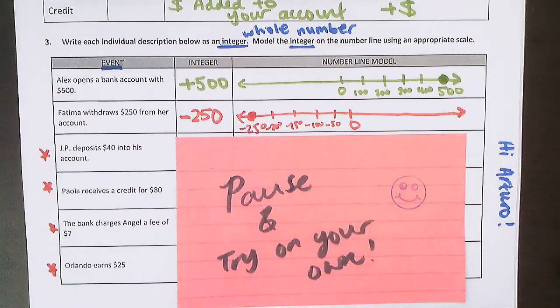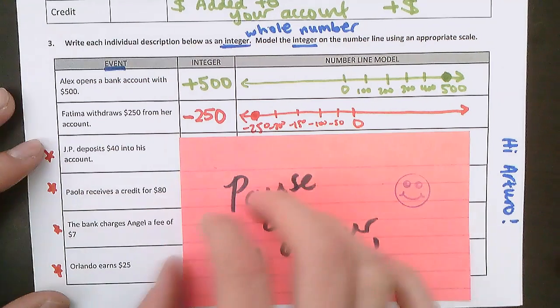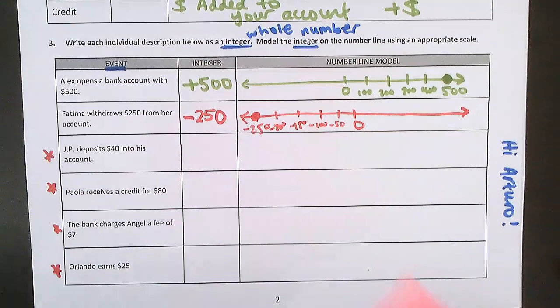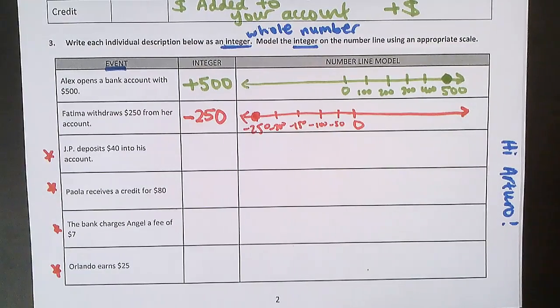Let's do that right now. Now you are resuming the video after you have tried these four on your own. Remember, if you're just copying and not trying on your own, that's not really learning.